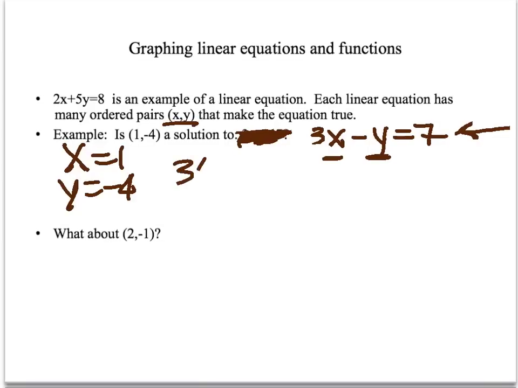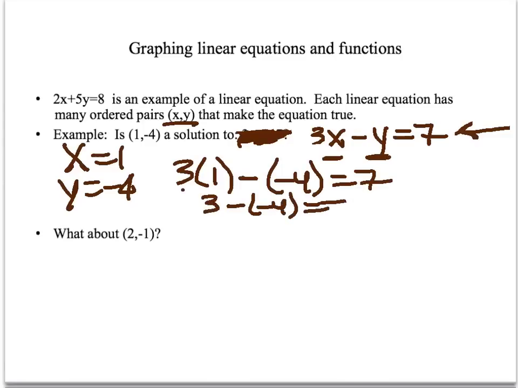So 3 times 1 minus negative 4 equals 7. 3 times 1 is 3, minus a negative 4 equals 7. Subtracting a negative is just like adding, so 3 plus 4. So 7 equals 7. That indeed is a solution.